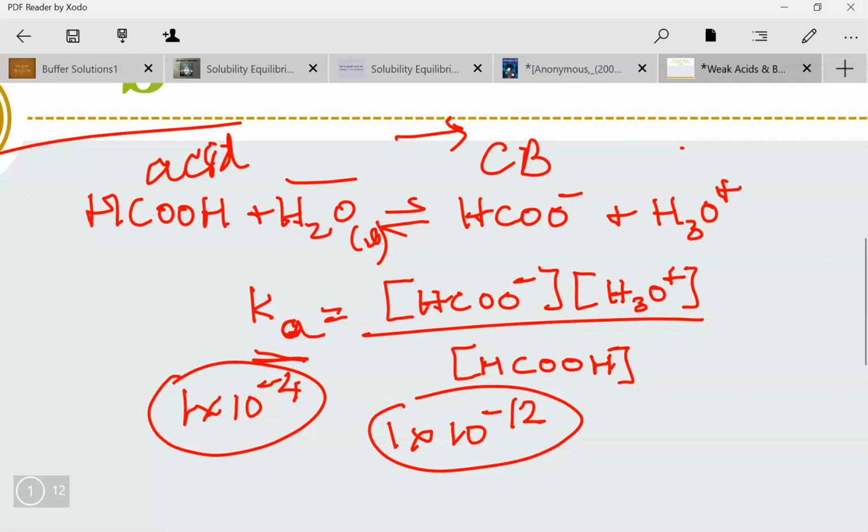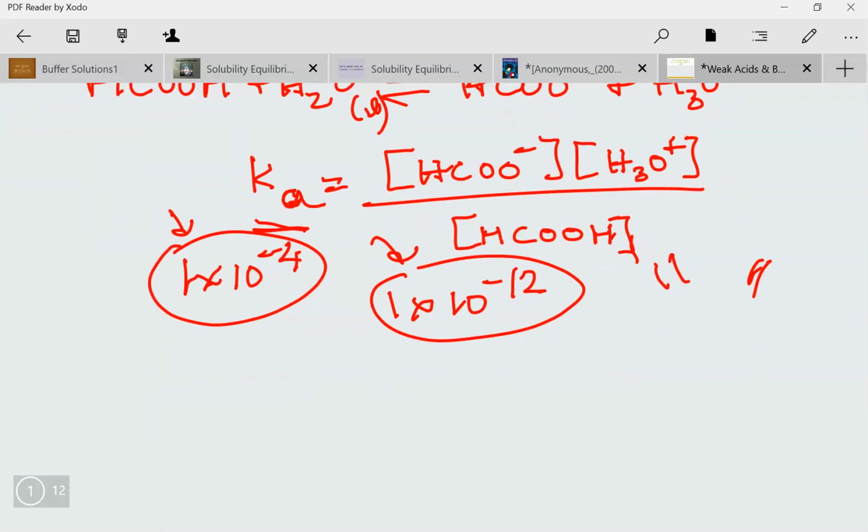Both of them are considered weak acids. But this one will give you more H3O plus ions. So this one will move more to the products than this reaction. Right? The negative 4 will move more to the products. So the Ka basically gives you how strong your acid is in solution. If it's greater than 1, it is a strong acid.